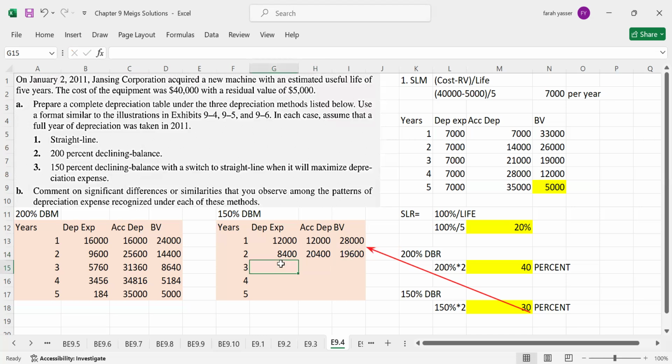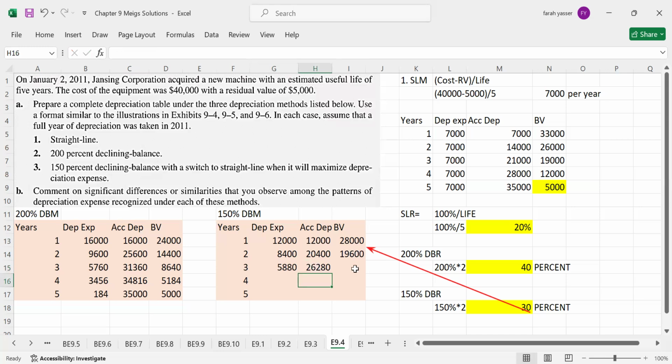Next year, the third year, we can take the book value from the last year's book value and multiply by the rate, which is 30%. So the depreciation is 5,880, and the accumulated depreciation is 20,400, and we will add the current year depreciation.